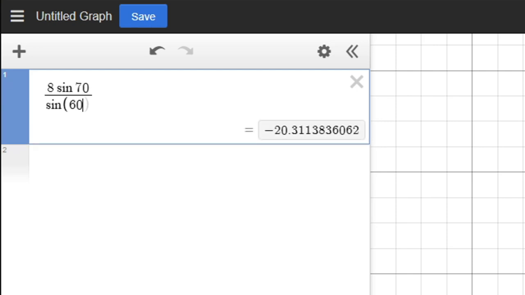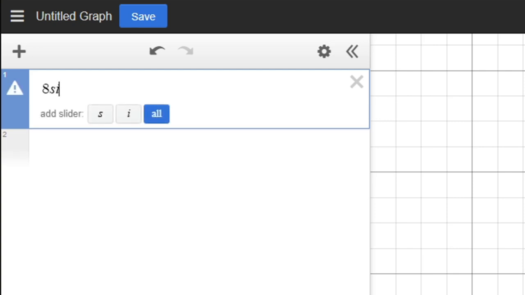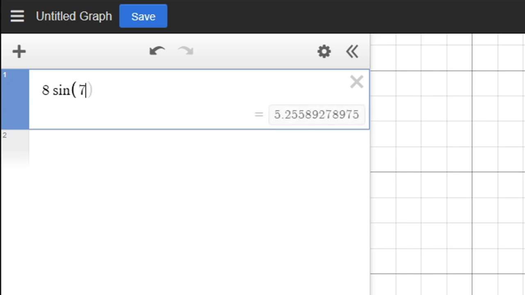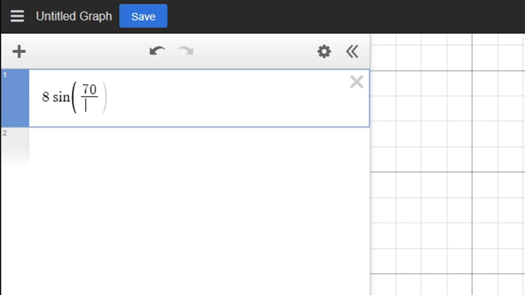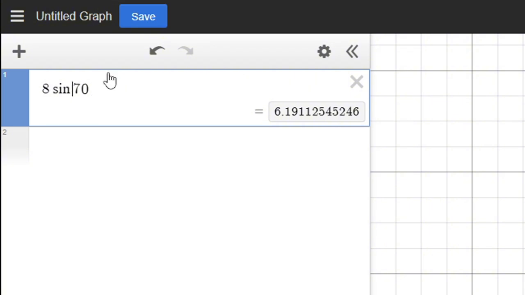Now, when you do enter sine in, it's going to parenthesize it. So it might cause you to only divide a certain part. It might look like that, and then when you hit divide, it'll only divide the 70. So you're going to want to either add the other parentheses, or you can delete this parenthesis and then divide it.